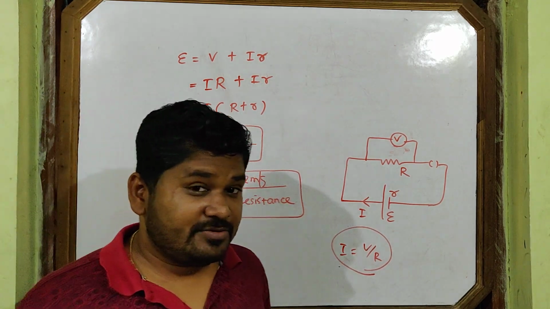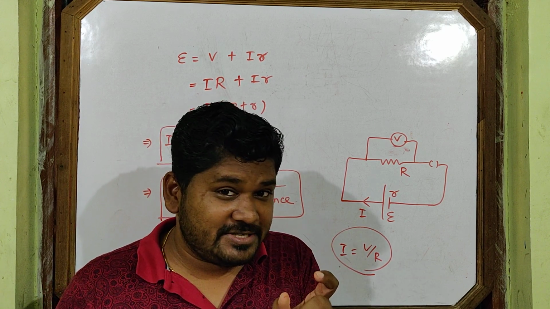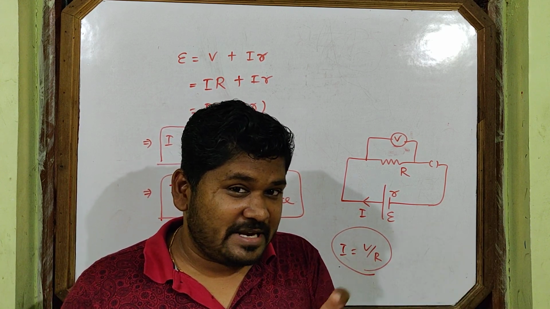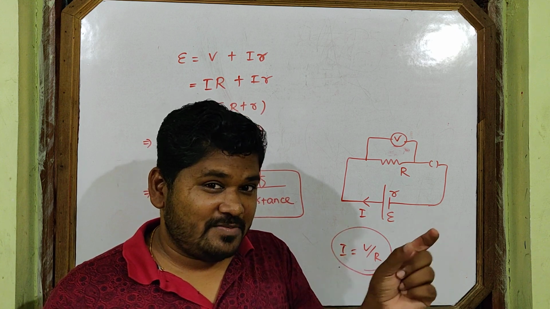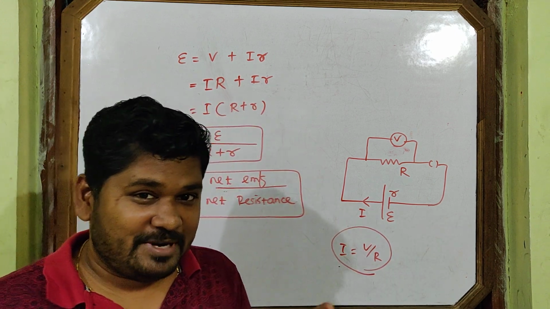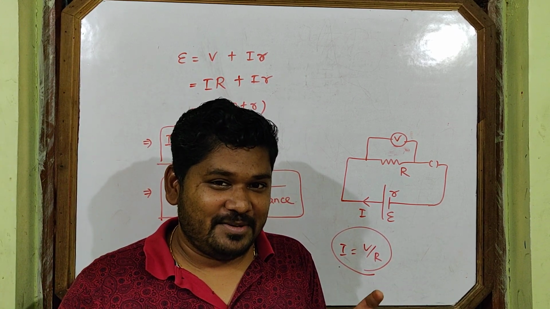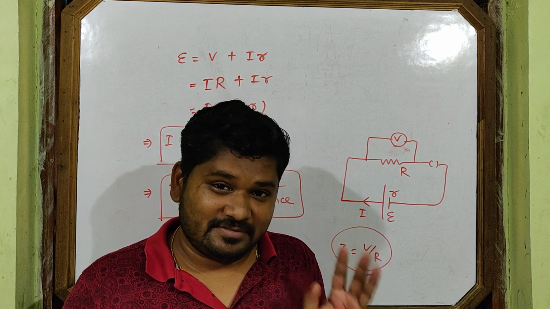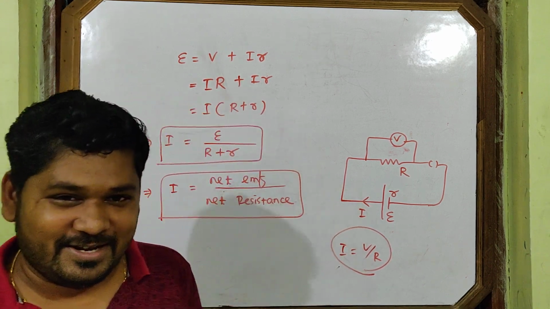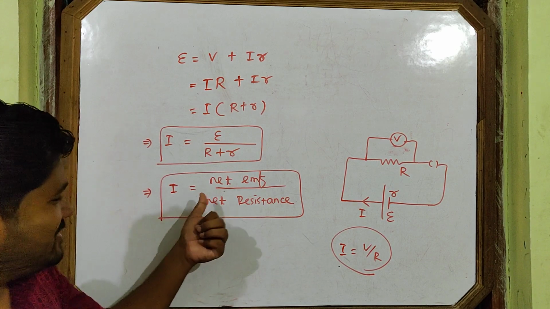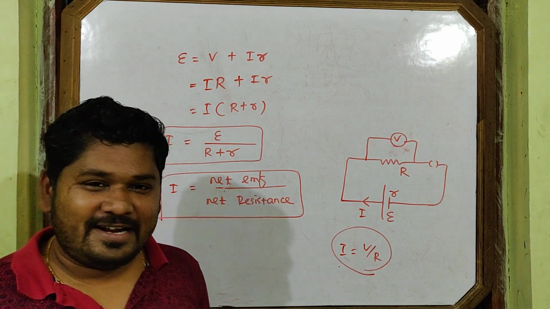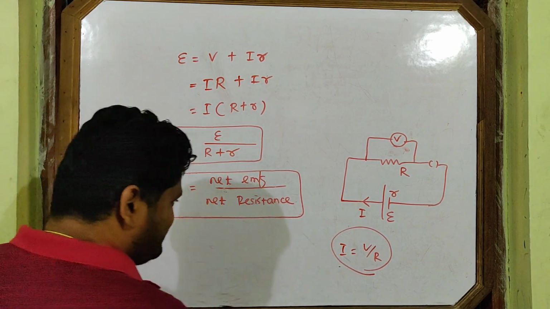Just like in 11th class, you remember the free body diagram, acceleration is equal to net pulling force by net mass. Okay, I am recalling your 11th class. You are thinking, sir, please don't recall 11th class, stick to 12th. Okay, so I is equal to net EMF by net resistance. This is the expression of current.